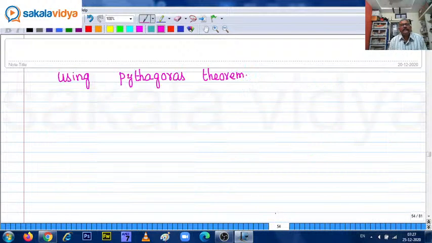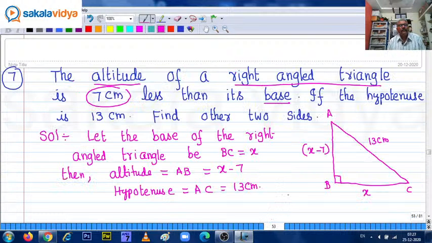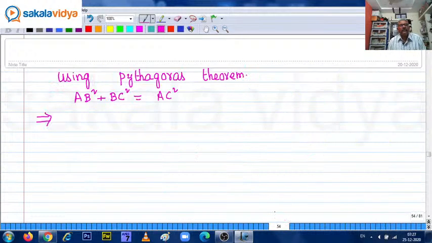So we can write like this: AB square plus BC square is equal to AC square. Let us substitute the value. What is AB? AB is x minus 7. BC is equal to x. So (x minus 7) whole square plus x square equals 13 square.